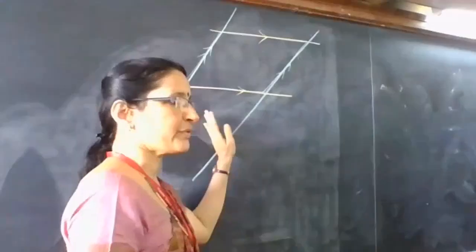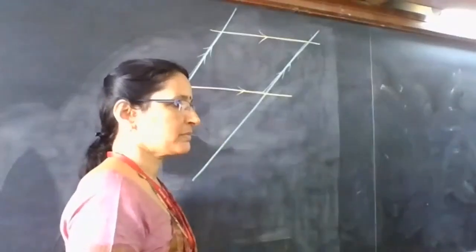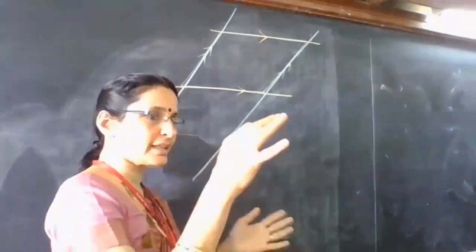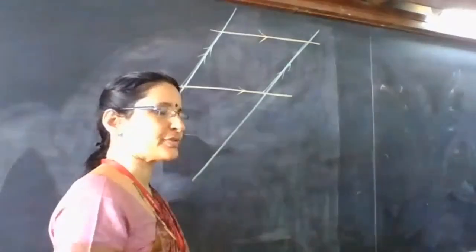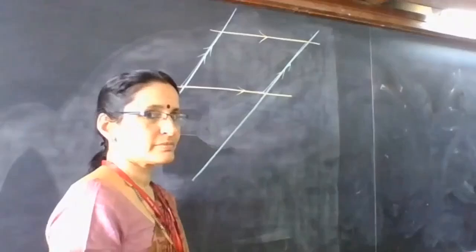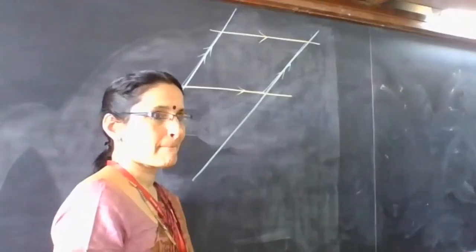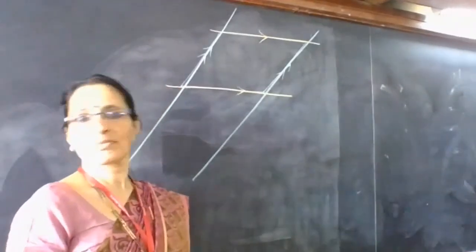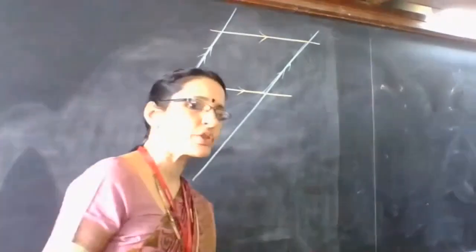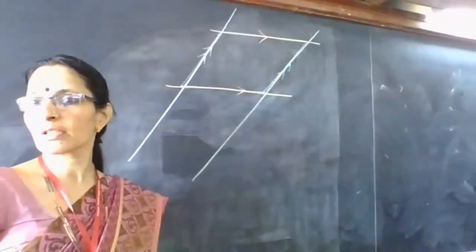Height I have to now identify for this parallelogram. What should be the procedure? How do I identify the height of any polygon, especially this parallelogram? Are you able to see the cursor?